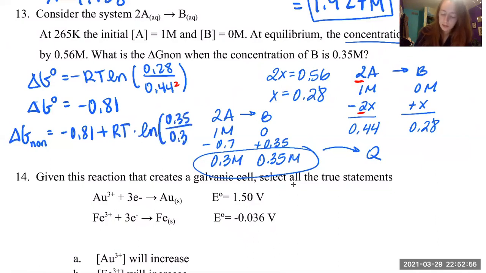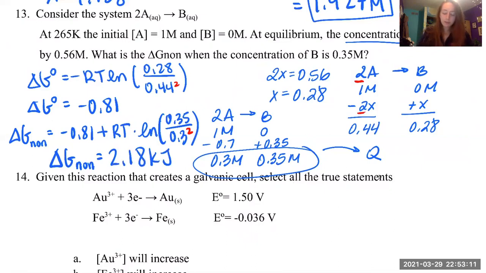Always going to keep that squared there. And then once you solve for delta G non-standard, this will equal 2.18 kilojoules. That'll be your final answer.